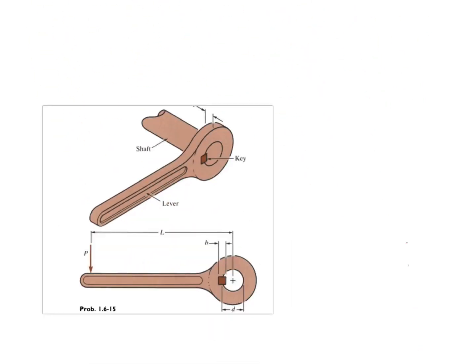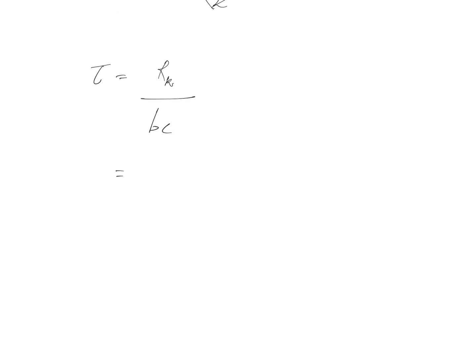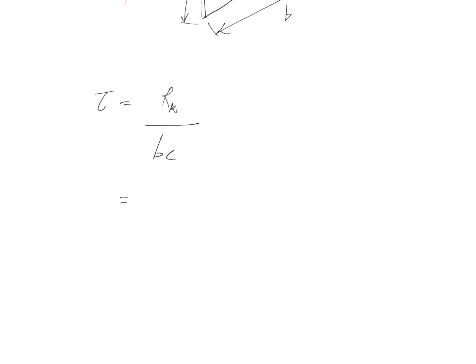So taking this equation, the shear stress will be 4pl divided by (2d plus b) into bc. So this is the average shear stress acting at that particular region.